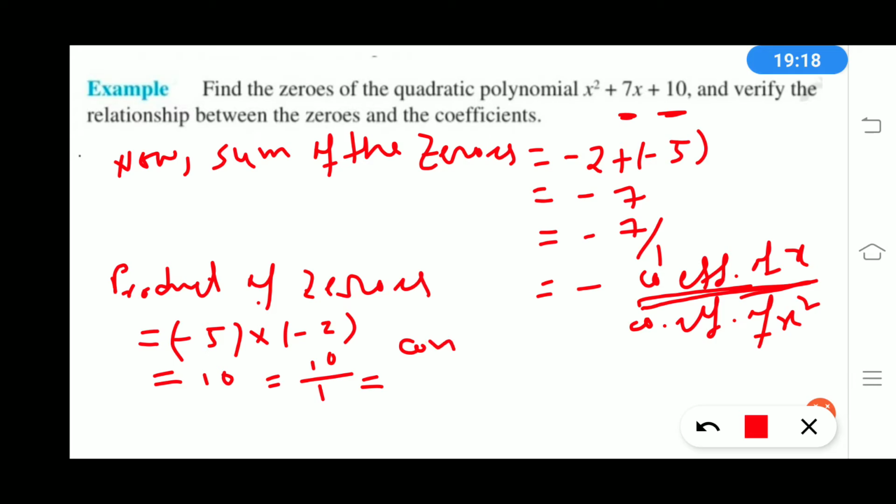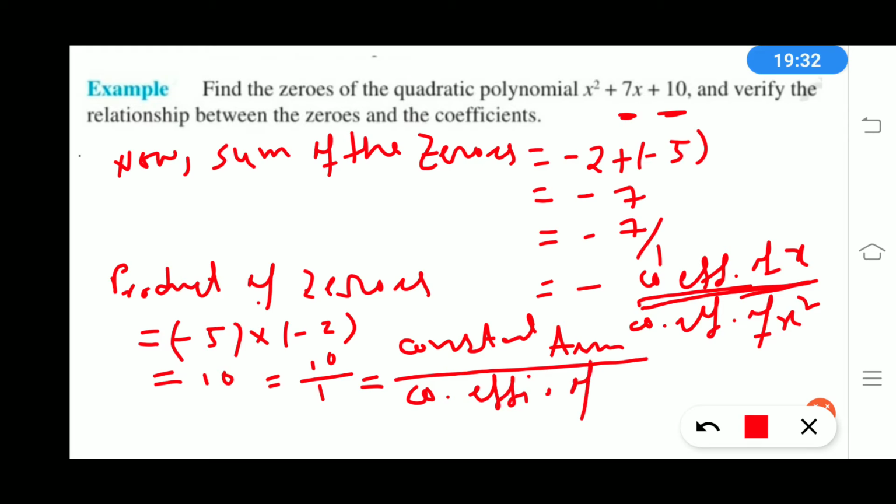That means constant term divided by coefficient of x square. Okay, so this is the relationship between the zeros and the coefficients. Clear?